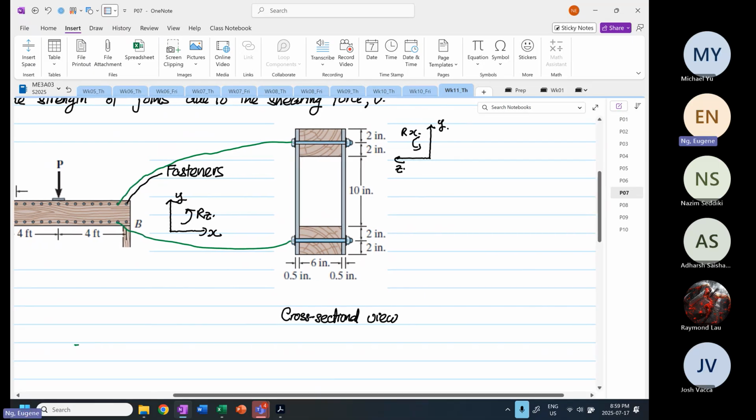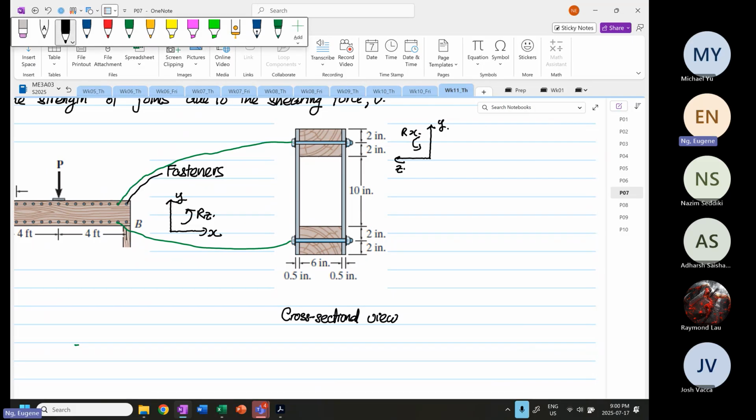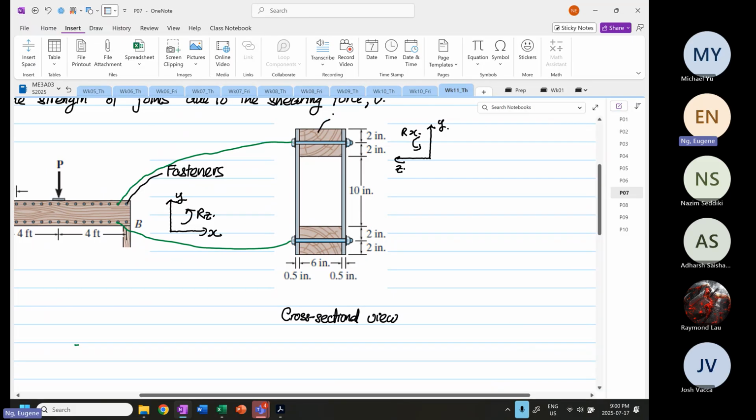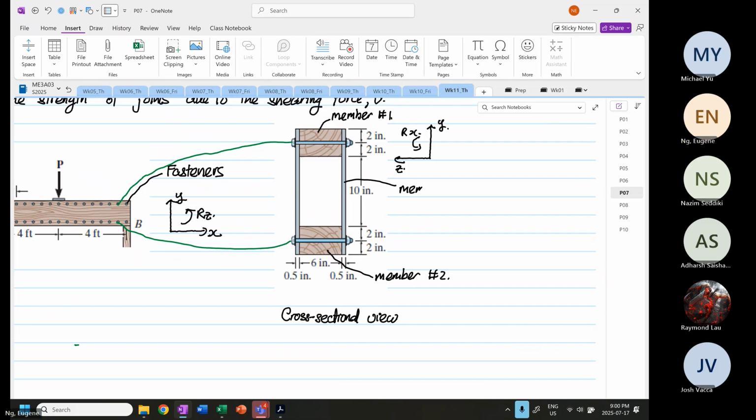So if you look at the cross-section view, what we have is member number 1, and then member number 2, member number 3, and member number 4.